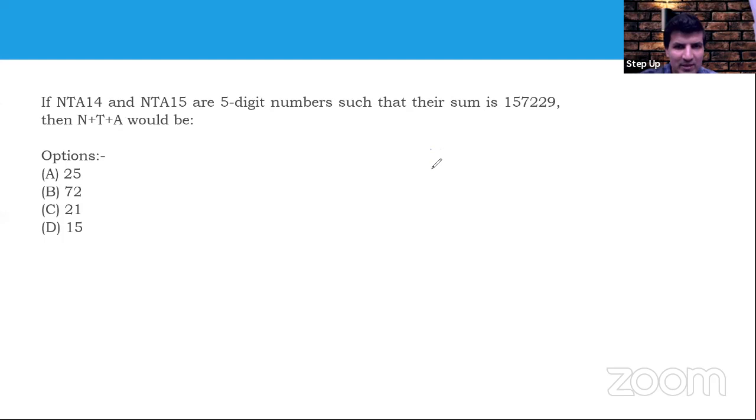So I gave you a hint, right? What you have to do is write these two numbers that you have to add. One is your NTA, and then this gets added to NTA.